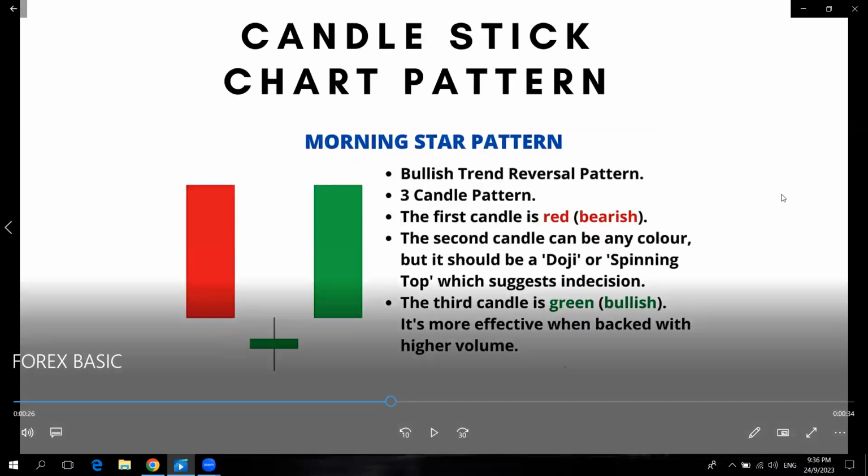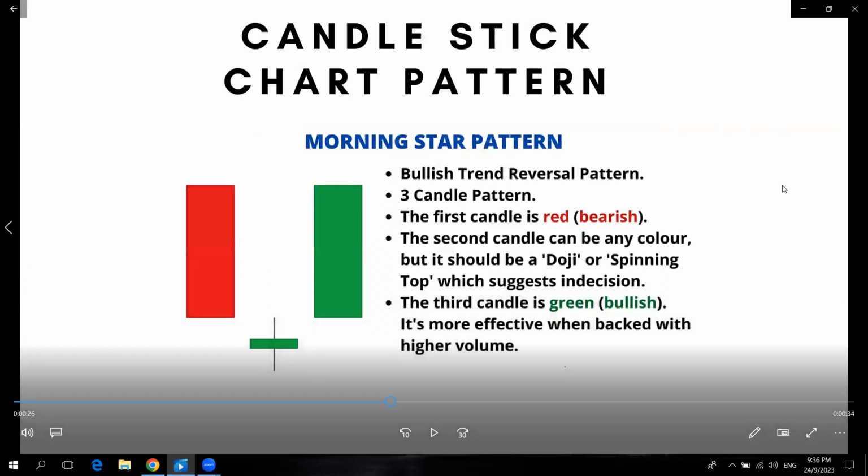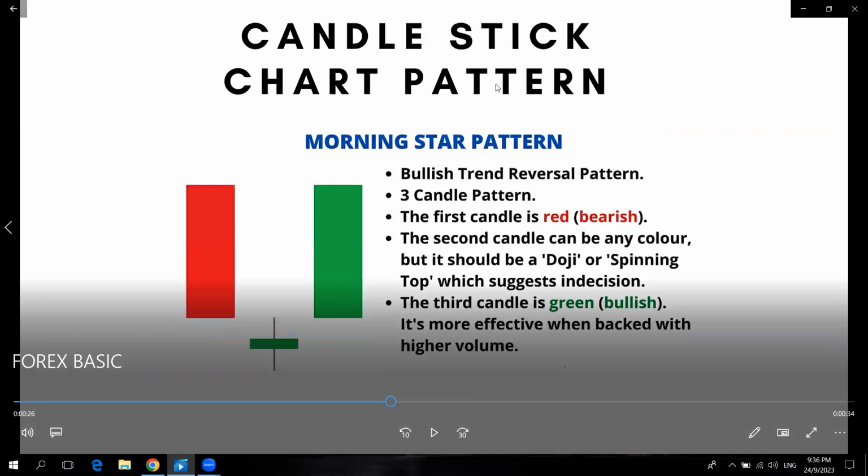So this is also one of the candlestick patterns. Basically, this type of pattern will be taken for buy positions. You can see here the morning star pattern. What does the morning star pattern mean? We have one red candle, which is a bearish candle, followed by a doji candle. I've listed here what a doji candle means.